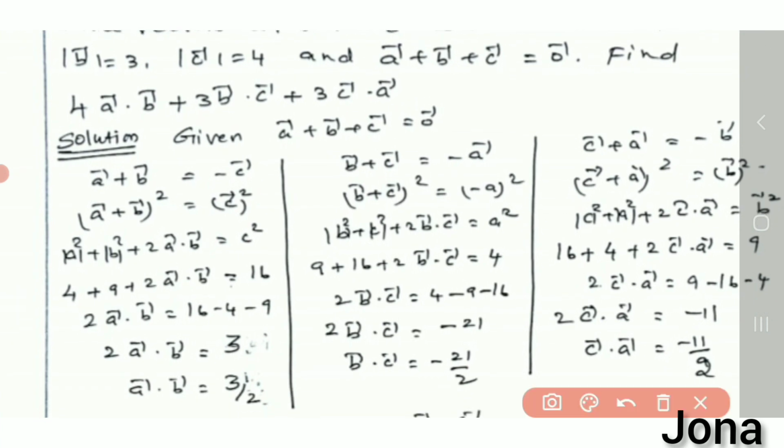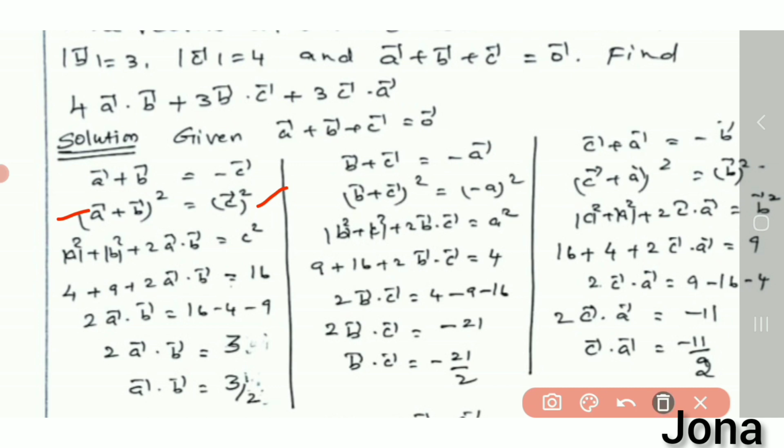So here we take this A plus B plus C vector equal to 0. Take this C to the other side, so that it becomes A vector plus B vector equal to minus C vector. Then square on both the sides. So A vector plus B vector the whole square equal to, if you square this, the minus becomes plus, so C vector square.